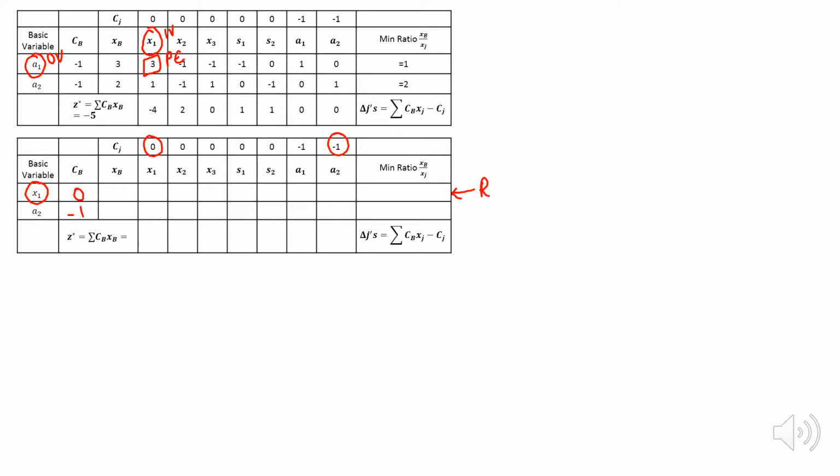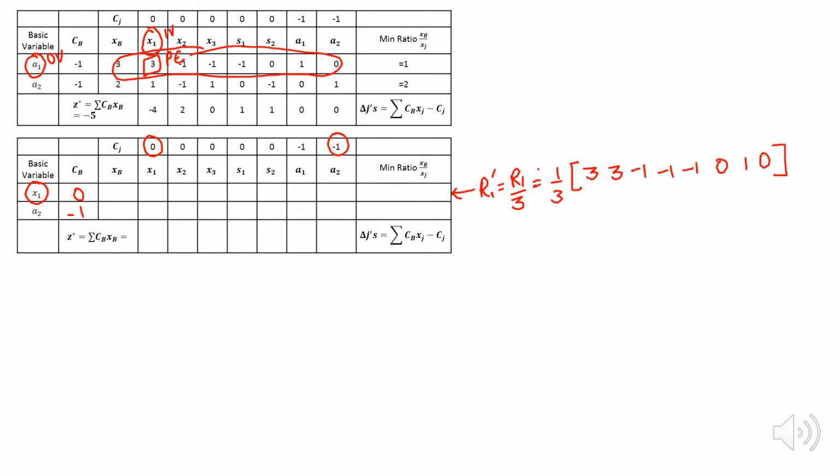The new pivot row is equal to the old row divided by the pivot element, that is 3. So you can get the new row by dividing the whole row by 3. Its elements are 3, 3, minus 1, minus 1, minus 1, 0, 1, 0.